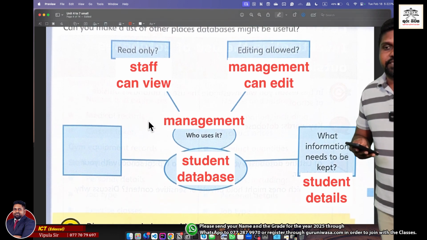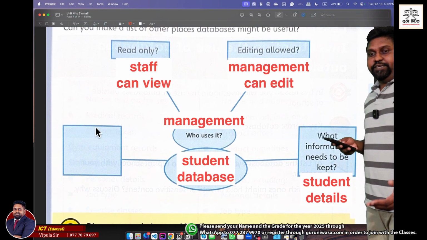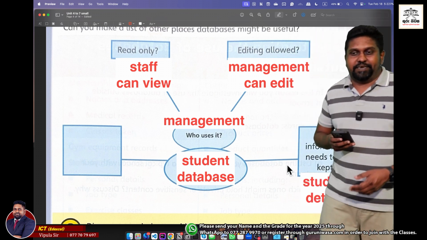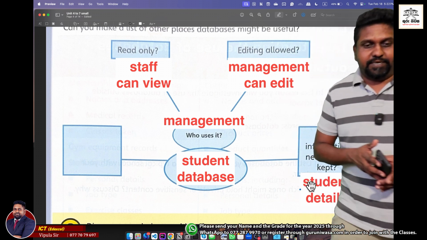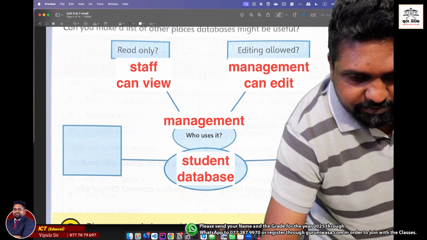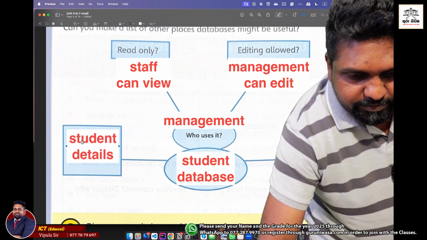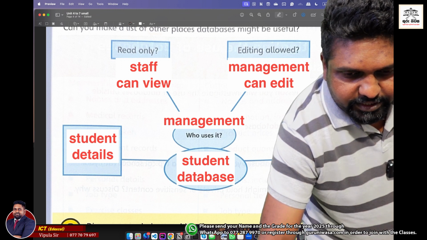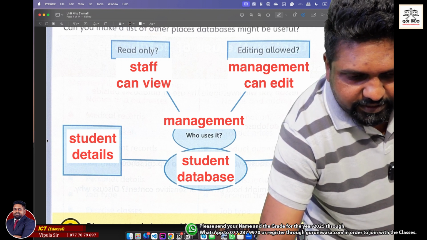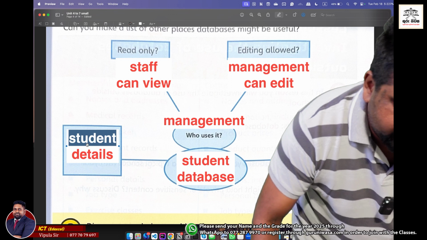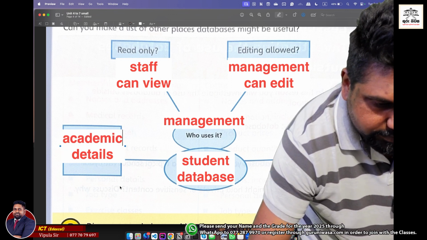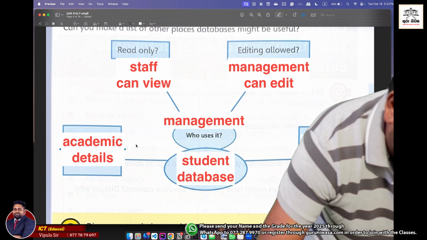Let's copy this and add it to the other side also. So student details, and what else? Student details, then we can call it academic details.